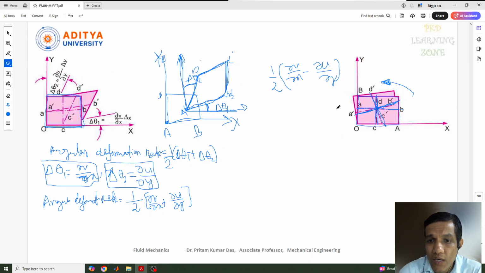Now if you write the rotational components, let me draw the line here.